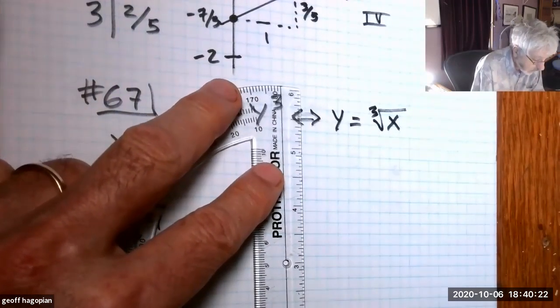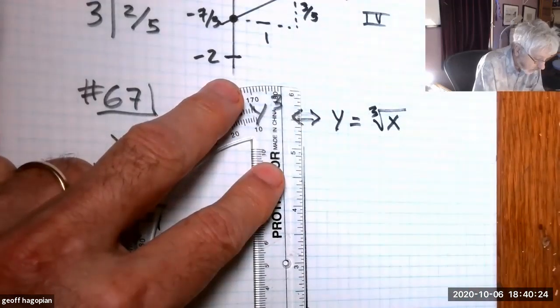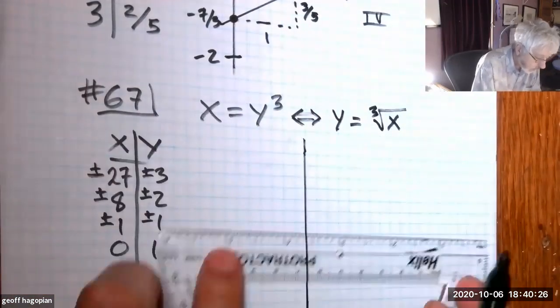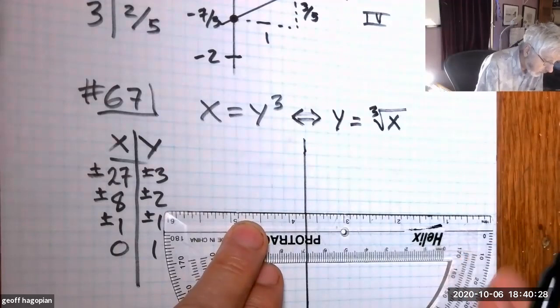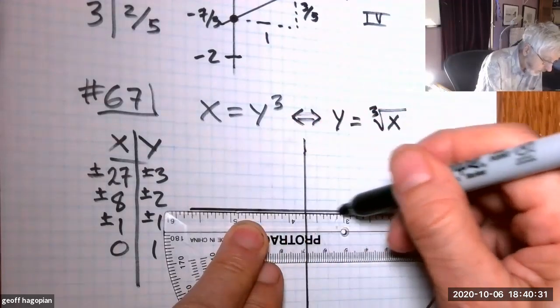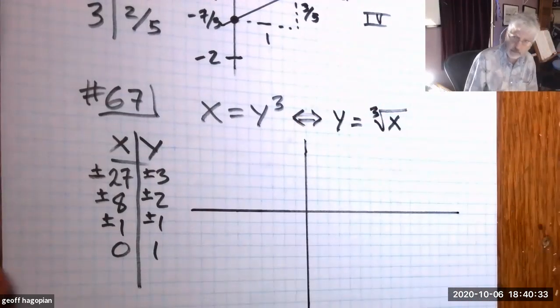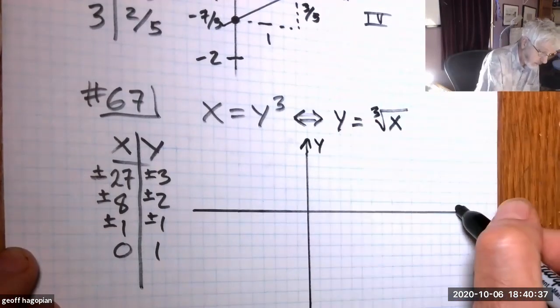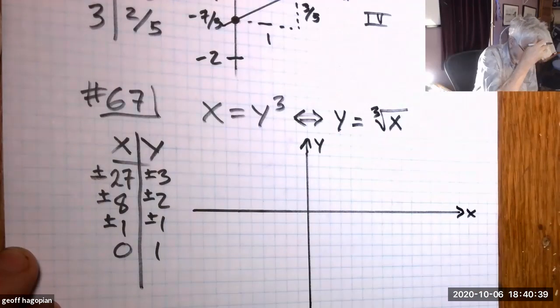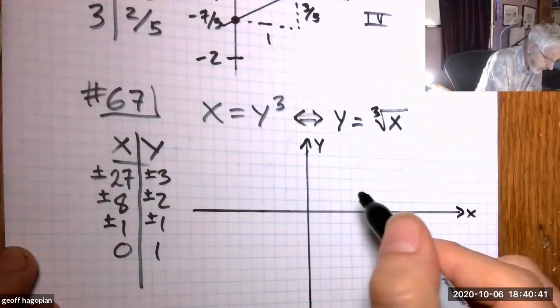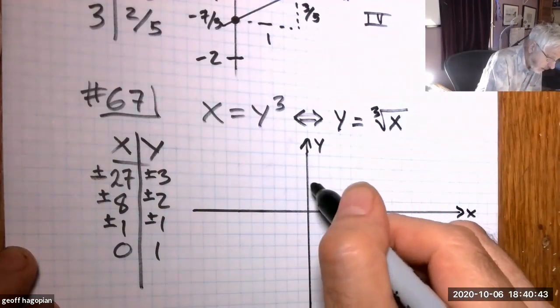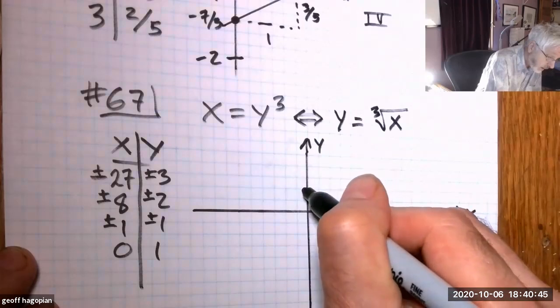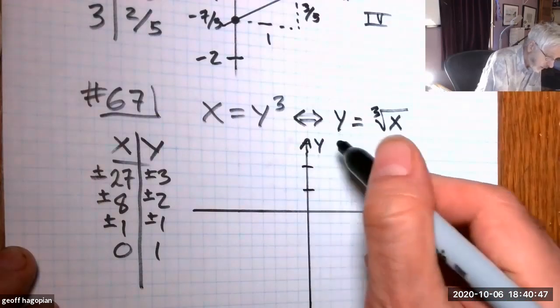Well, I think we're going to center the graph on the origin. And maybe we don't want to accommodate that negative 27, because it's too far afield. Here's 1, 2, 3.